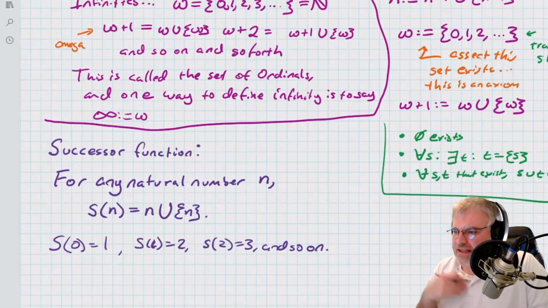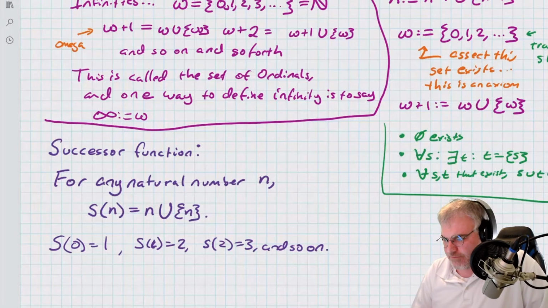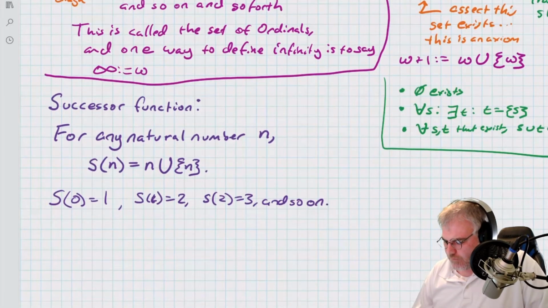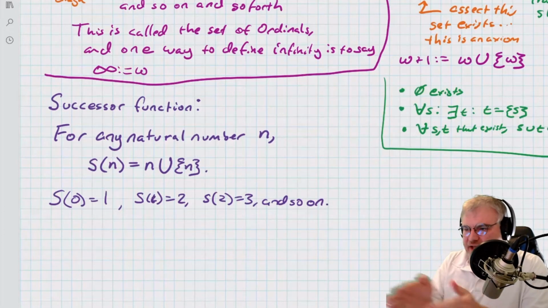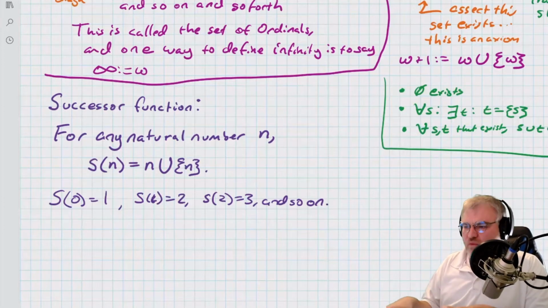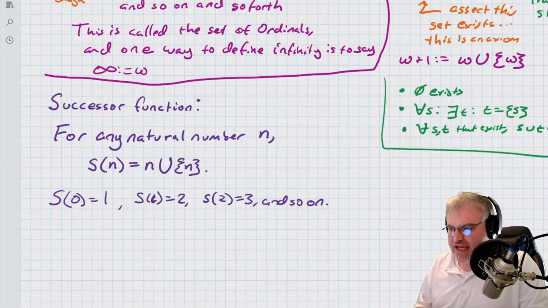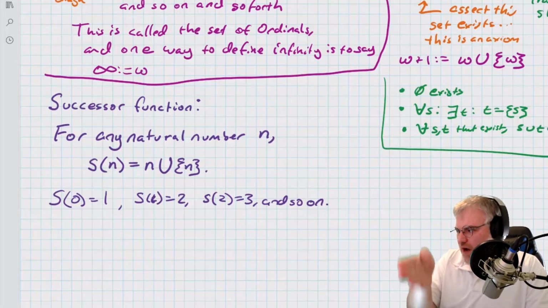And this is how a computer thinks. A computer adds 1. This is something a computer does. If you want to use a Turing machine model, I can have a Turing machine run the successor function. I've got one spot here on the tape. What I'm going to do is move right one spot and call that number 2.